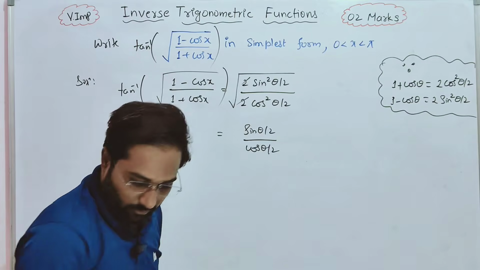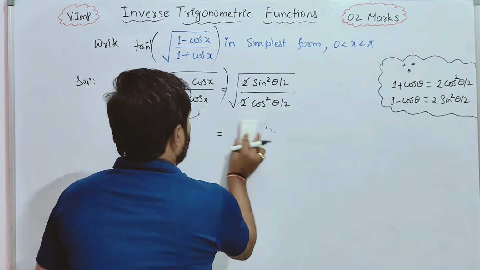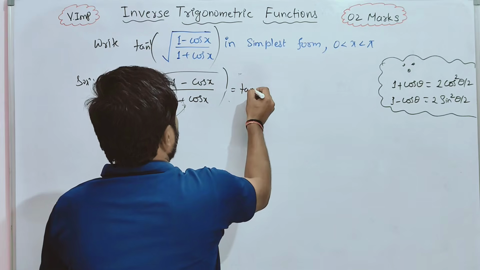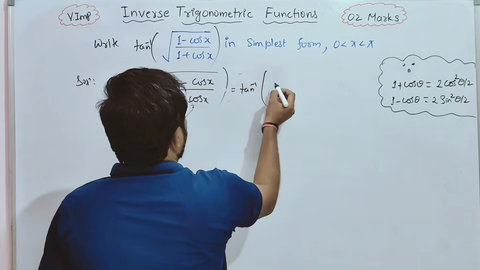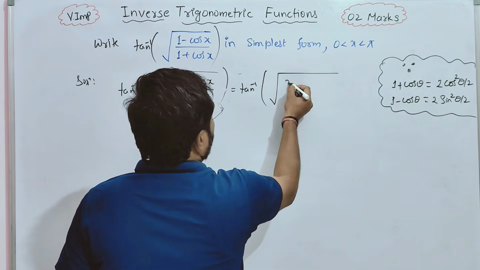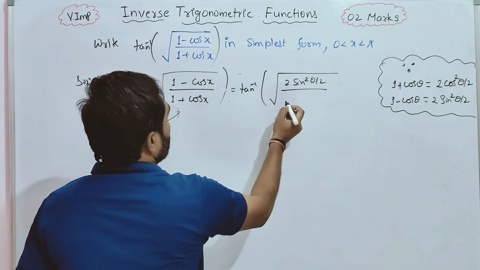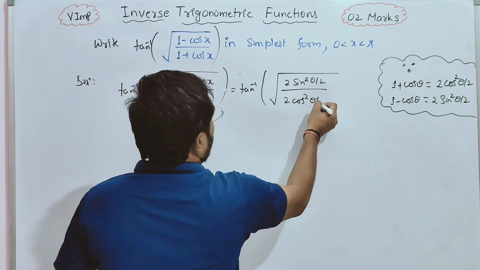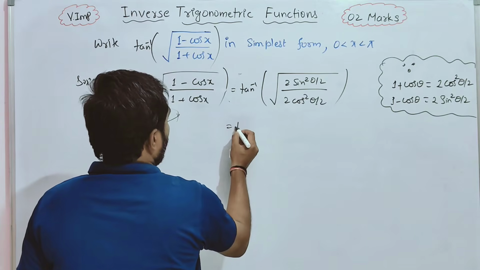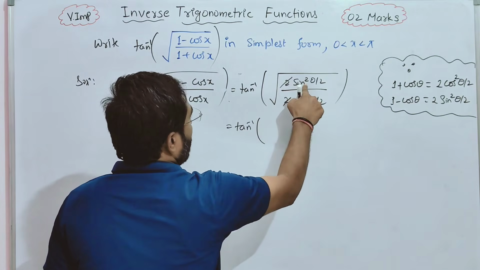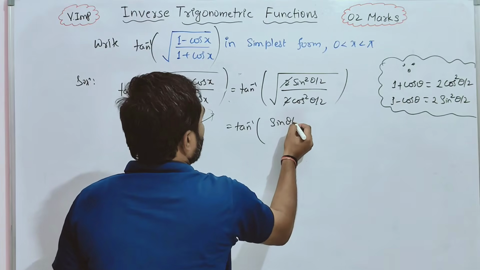Let us rewrite this. Tan inverse was missing. Tan inverse of the square root of 1 minus cos, which is 2 sin square theta by 2, divided by 1 plus cos, which is 2 cos square theta by 2. Now the 2 cancels. Root sin square is only sin theta by 2.